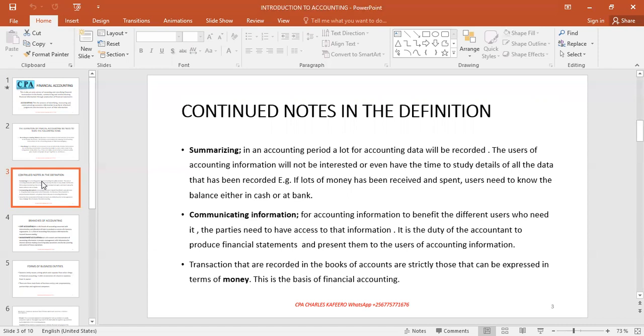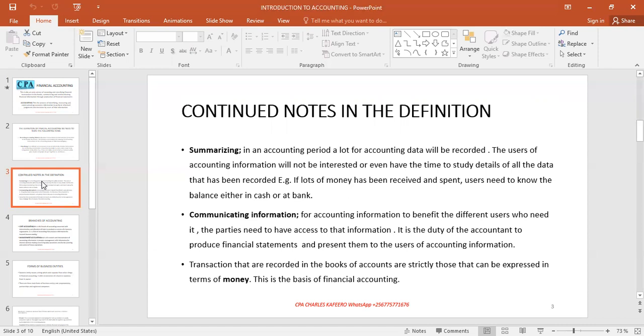Then the other thing is communicating information. For accounting information to benefit the different users who need it, the parties need to have access to that information. It is a duty of an accountant to produce financial statements and present them to the users of accounting information.